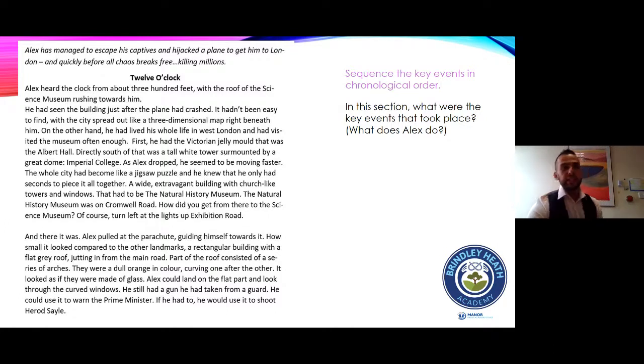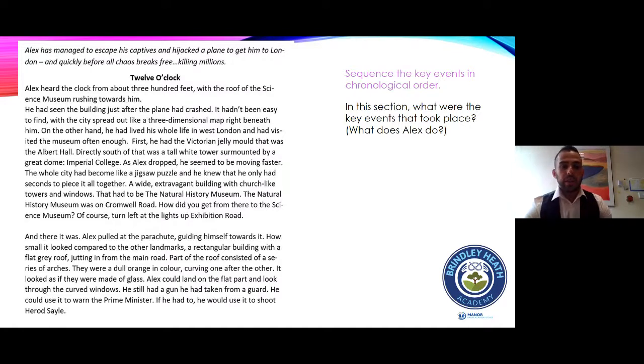It hadn't been easy to find, with the city spread out like a 3-dimensional map right beneath him. On the other hand, he had lived his whole life in West London and had visited the museum often enough. First, he had the Victorian jelly mould that was at the Albert Hall, directly south of what was a tall white tower surmounted by a great dome, Imperial College.